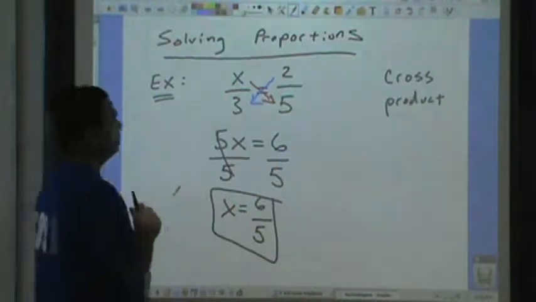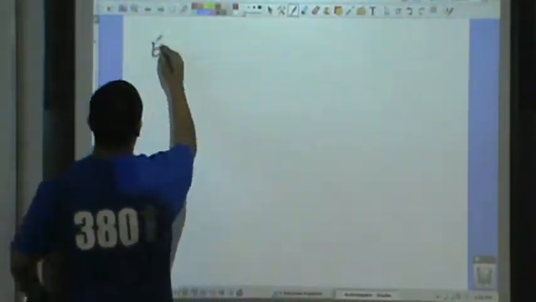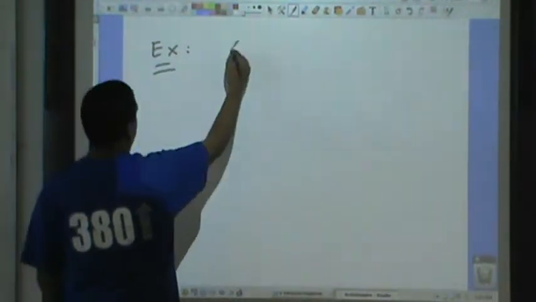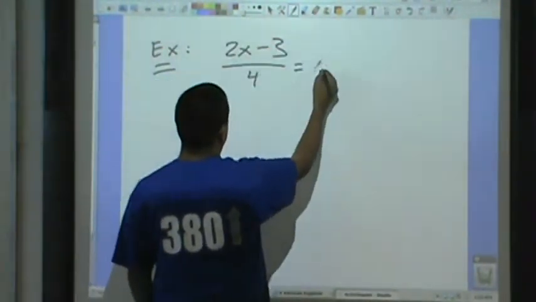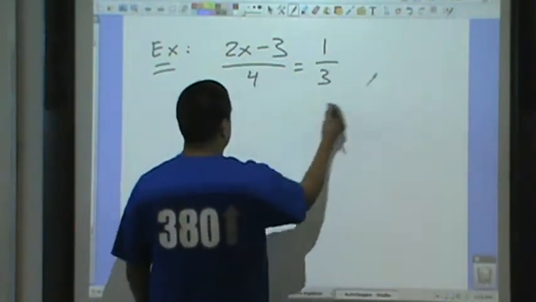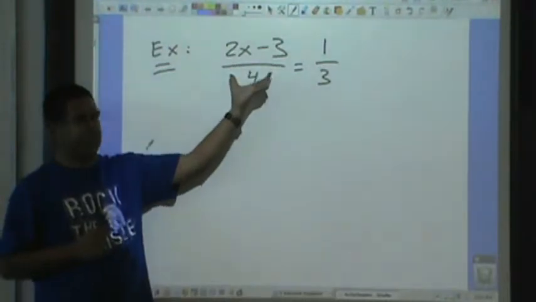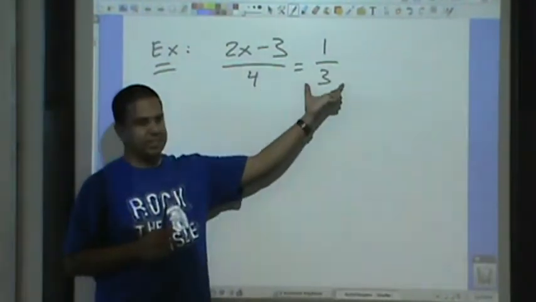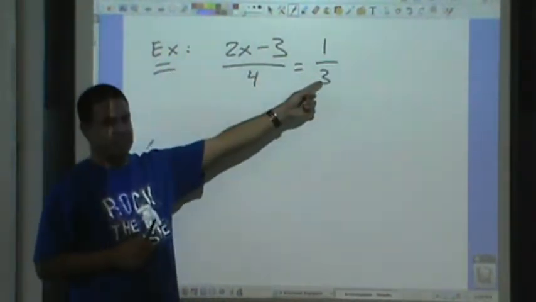Another example where it looks a little different. So this one looks a little different. Is it still a fraction equals a fraction? Yes. So this is still a proportion.